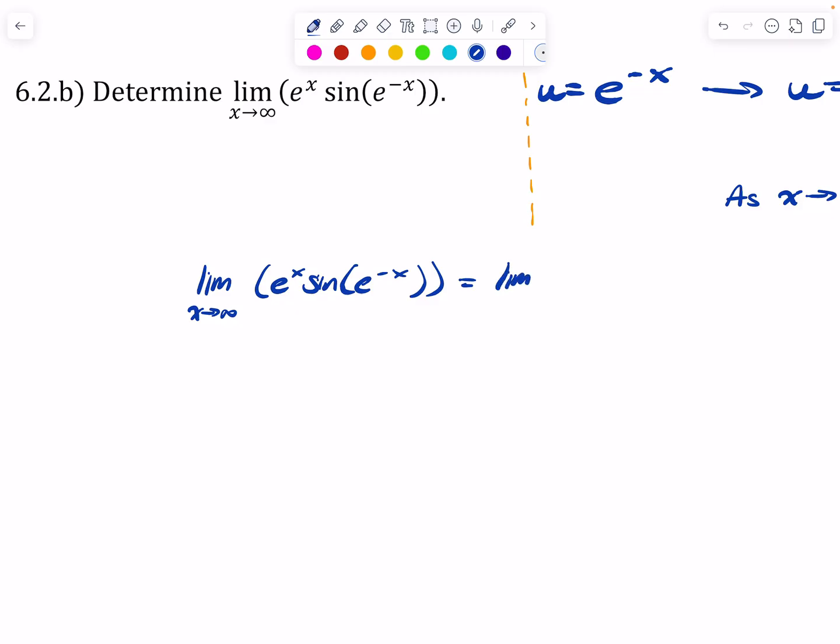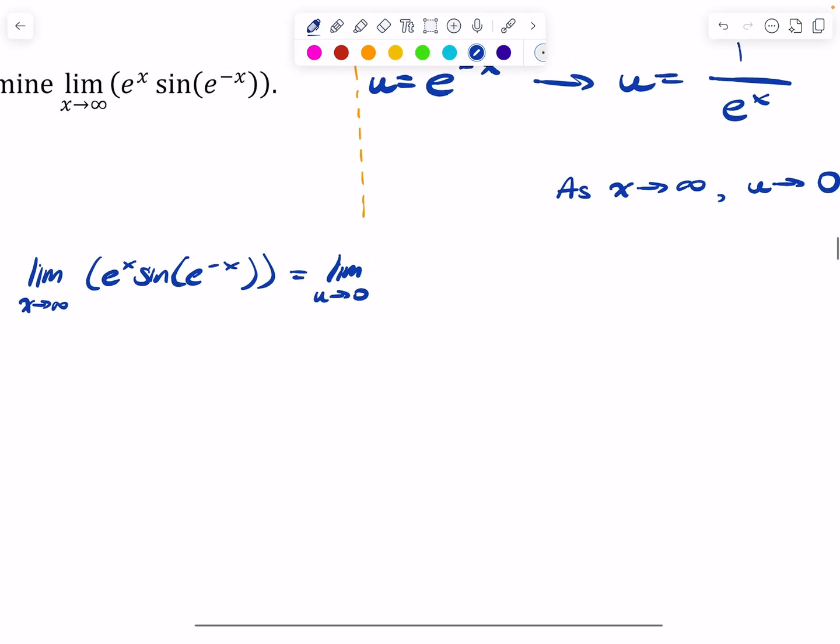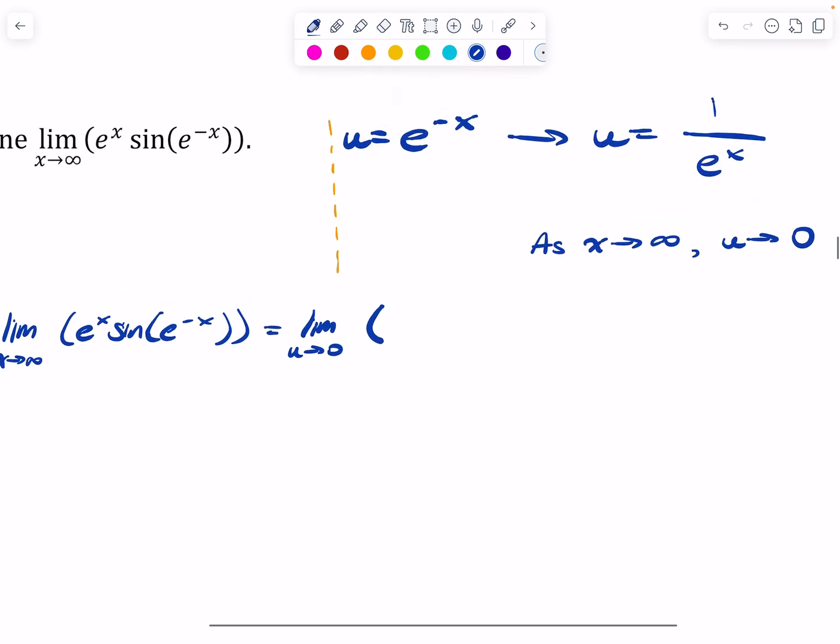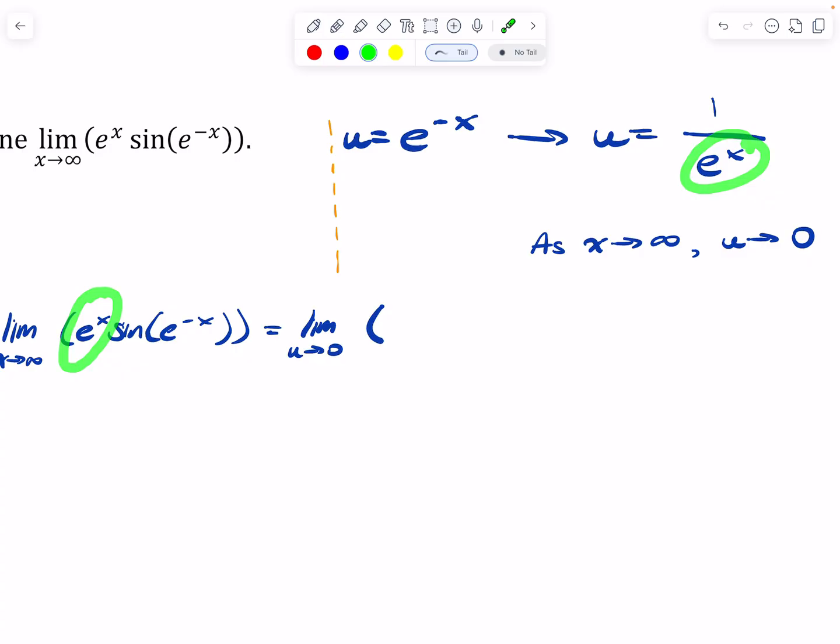Which is the limit as u approaches 0. Now, e to the x is the reciprocal of u, so that's 1 over u.